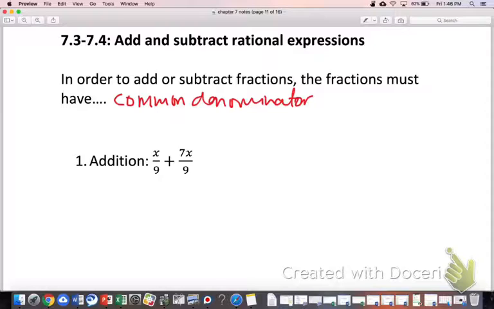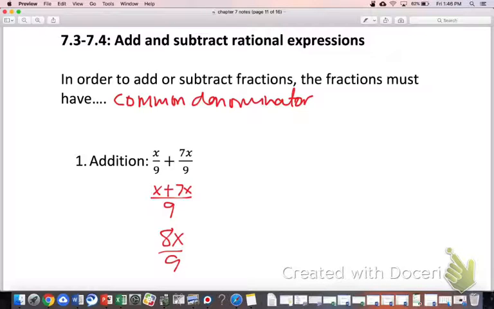So the denominator is 9. It will remain a 9. What do you do with the numerators, though? You actually add them up. So it'd be x plus 7x. What's x plus 7x? That's not x times x, that's multiplication. 8x. There you go. This would end up being 8x over 9.